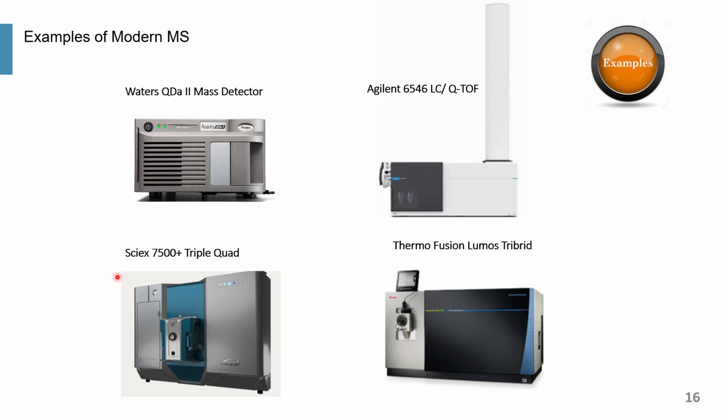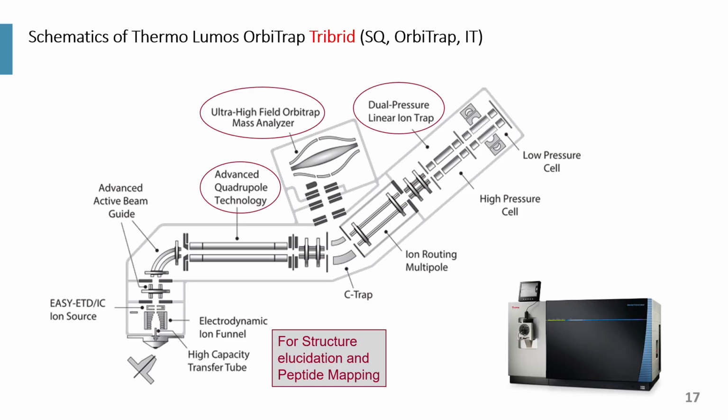The SCIEX 7500 is one of the most popular gold standards in bioanalytical assays. And here is the Thermo Fusion Lumos tribrid. The next slide shows the tribrid from Thermo Fisher Scientific.